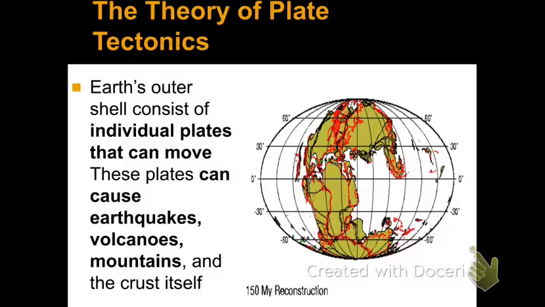If you look at this picture here, it has the red squiggly lines. Those red squiggly lines are showing you the boundaries of the plate. So boundaries of plates are going to move based on where the boundaries are, not where the boundaries of a country is. So for instance, you've probably heard that part of California one day, many million years from now, won't be connected to the U.S. anymore.